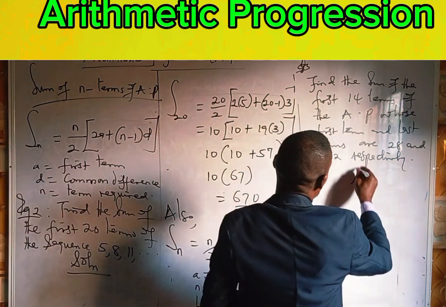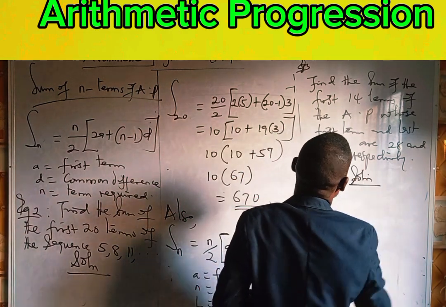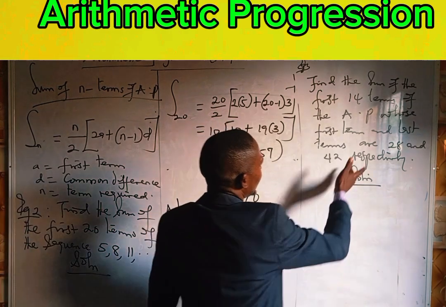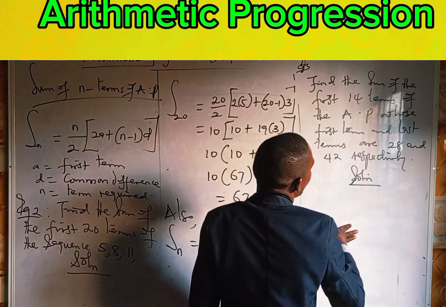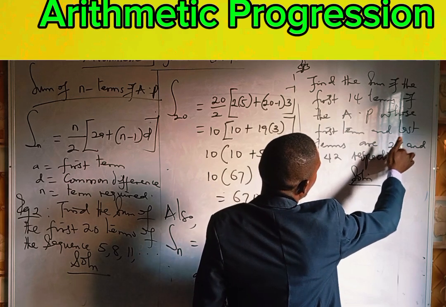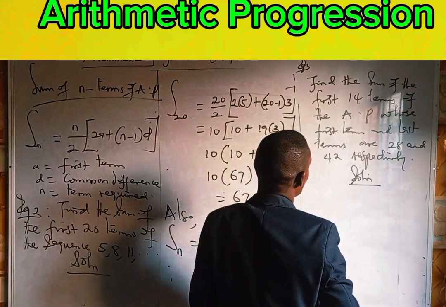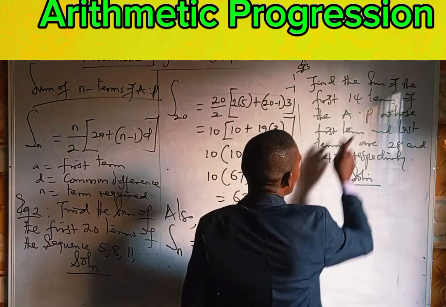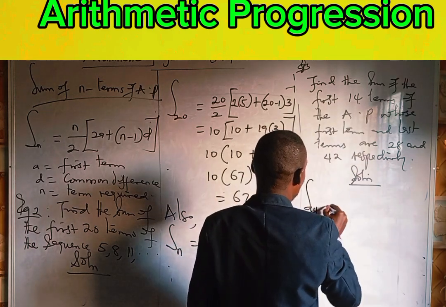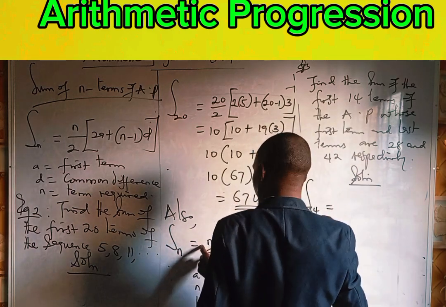So, solution. I want you to understand something here, because sometimes our problem is to understand the terms. They said respectively. Respectively means the first term is 28, the last term is 42. Now let's say it's 14 terms, the sum of the first 14 terms, S14. What is n here?